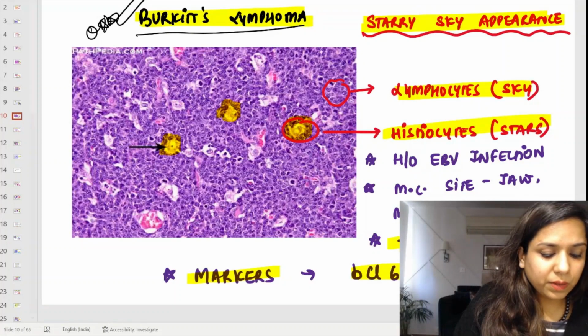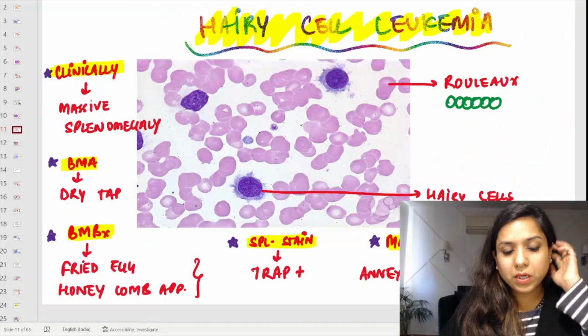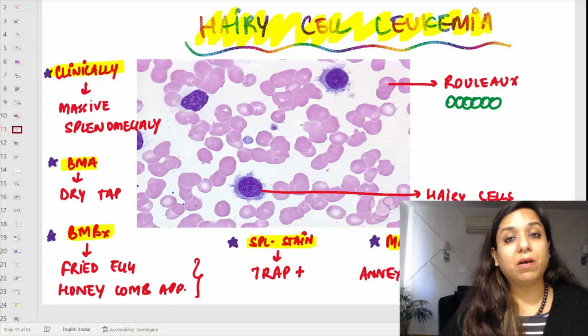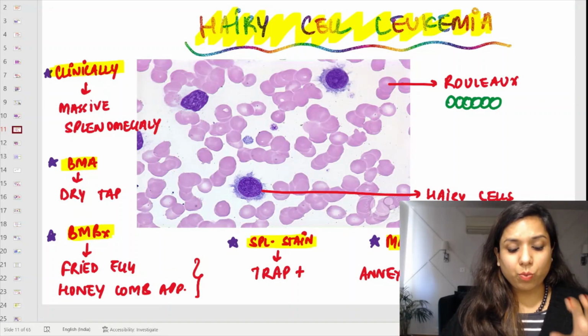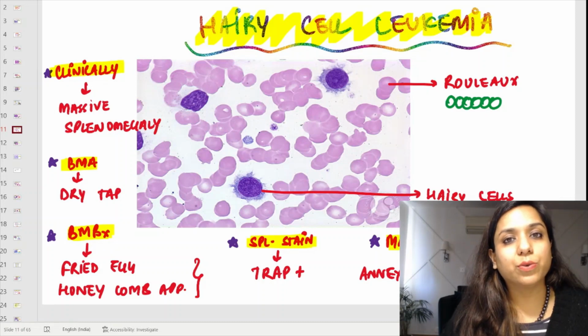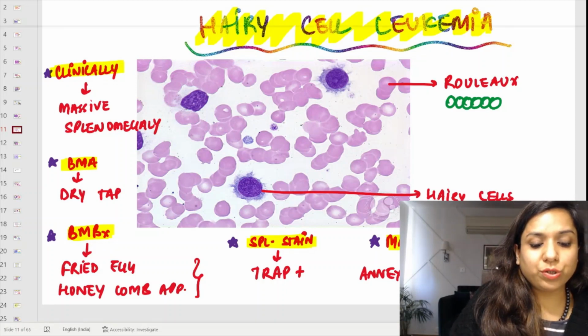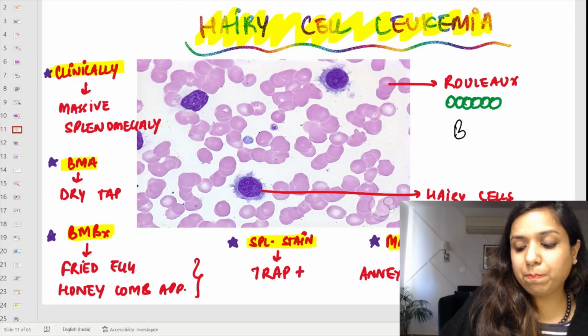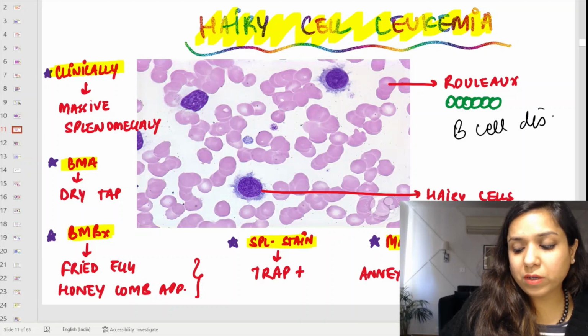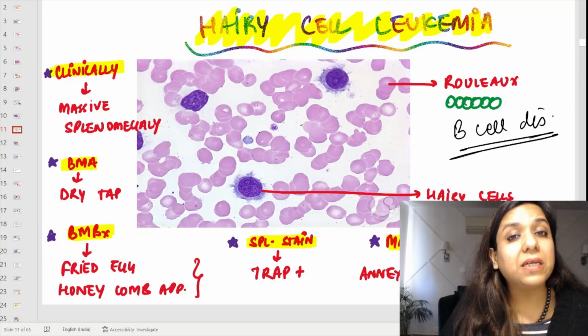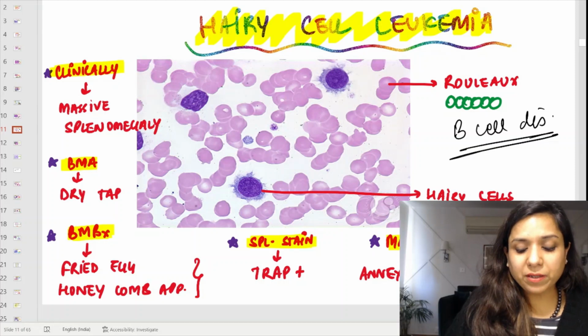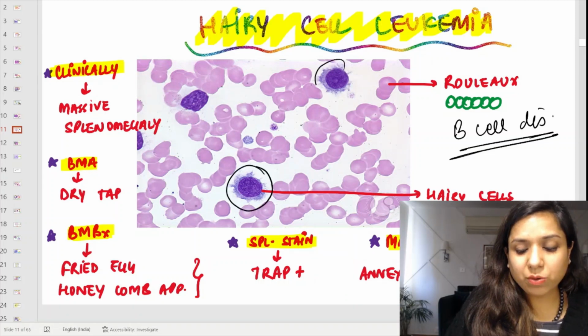Done? Next image, students, is hairy cell leukemia. Again, a very important topic. What you need to know about hairy cell leukemia. First of all, students, you should know that it is a B cell disorder characterized by the presence of these cells which are called hairy cells.